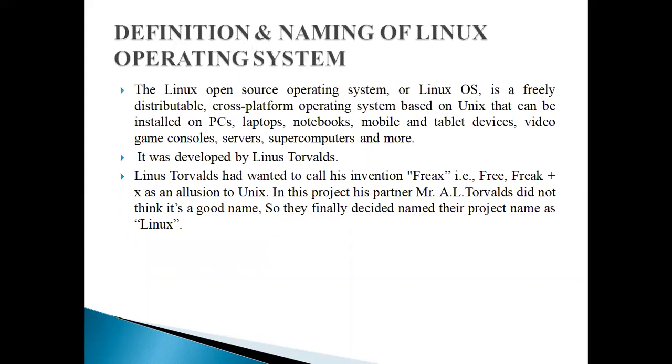And what is Linux? Linux is an open source operating system, and as we all know, an operating system is a software that communicates with the hardware and allows other programs to run.